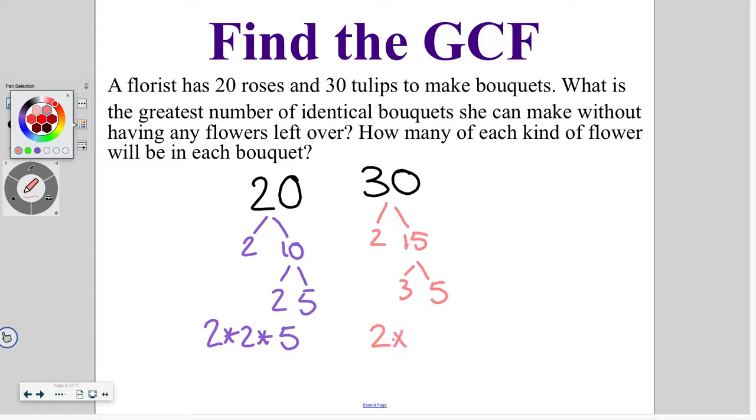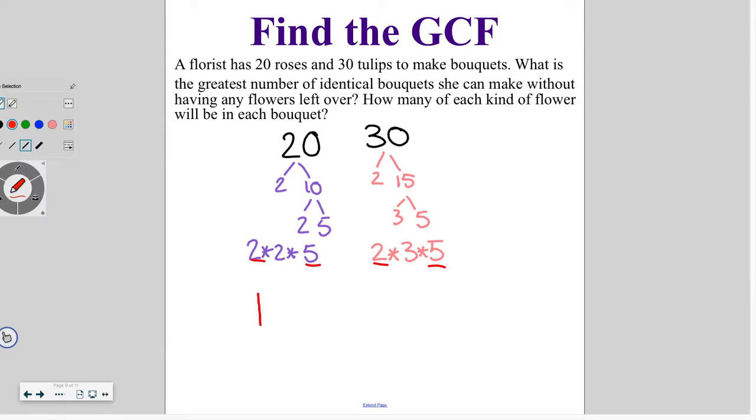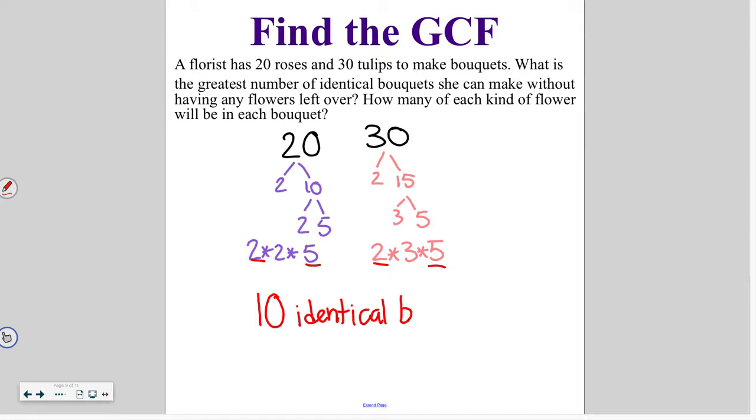So 2 times 3 times 5, which means what they have in common is a 2 and a 5. So that gives us a common factor of 10. So that means we can make 10 identical bouquets.